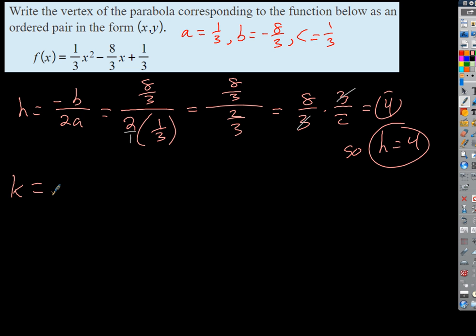Okay, so to find k, we're going to plug the x value into the function. So we're going to get f of 4. If we evaluate this function at 4, what's that going to give us?